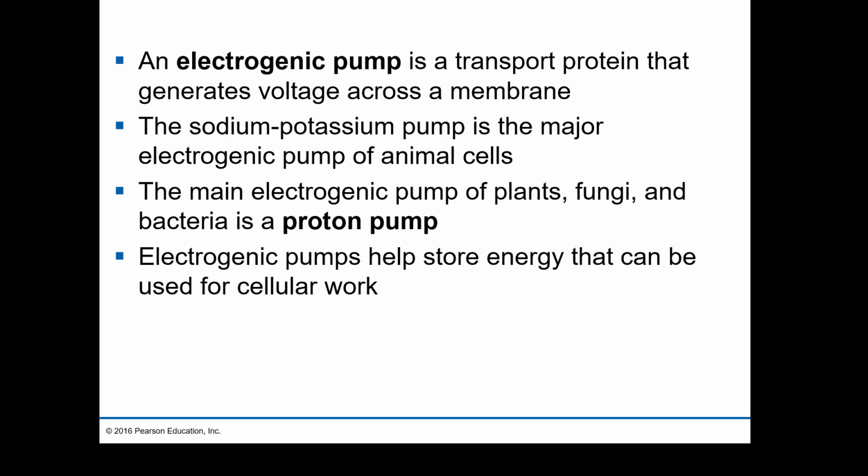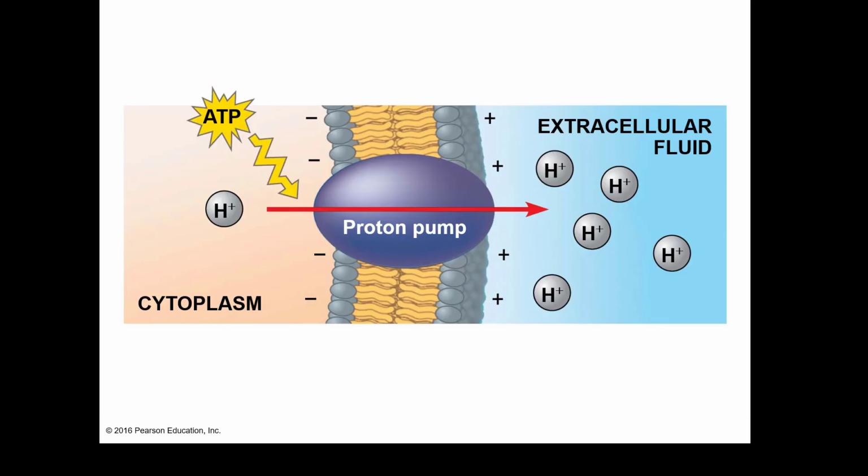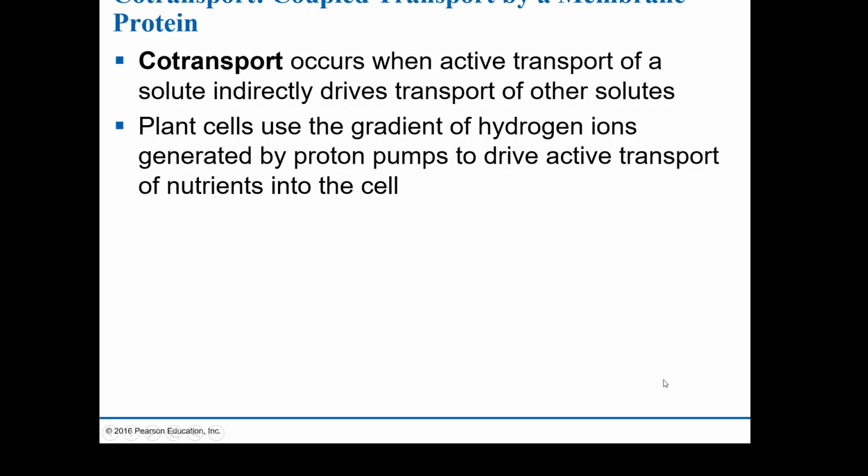And so these pumps help store energy that can be used for cellular work later on. So here's a proton pump. Protons are usually hydrogen ions, pumping them across so that you end up with this positive and negative difference across the membrane.